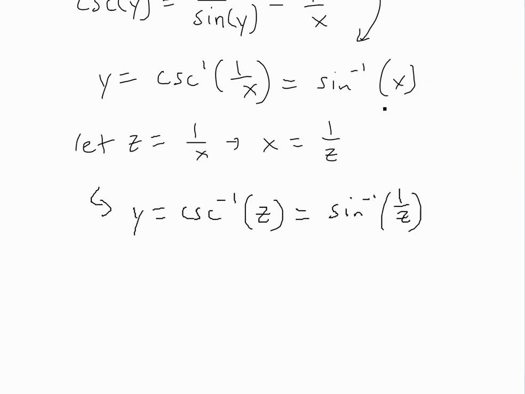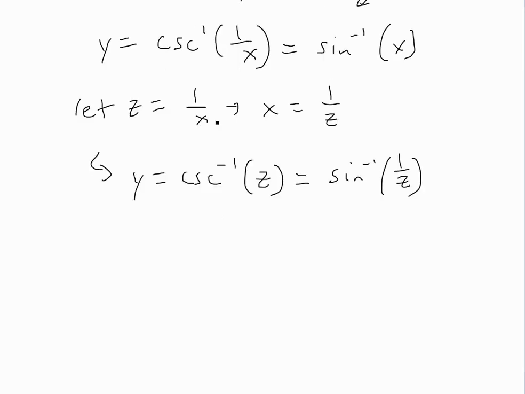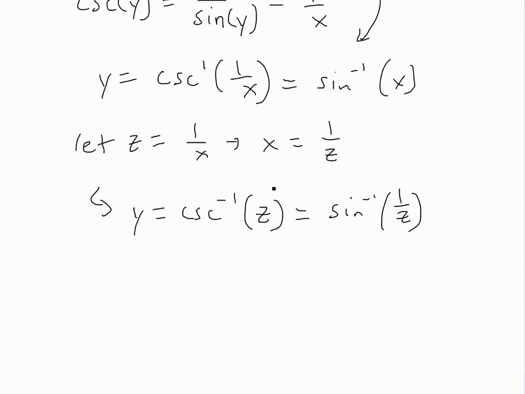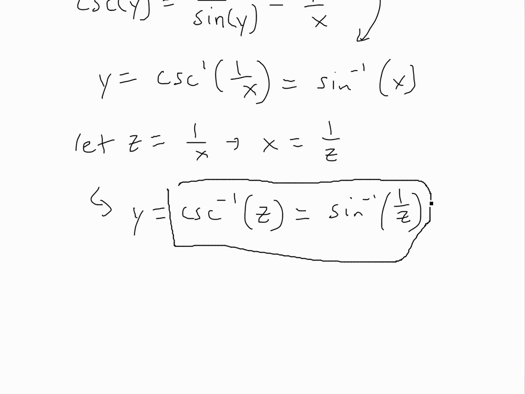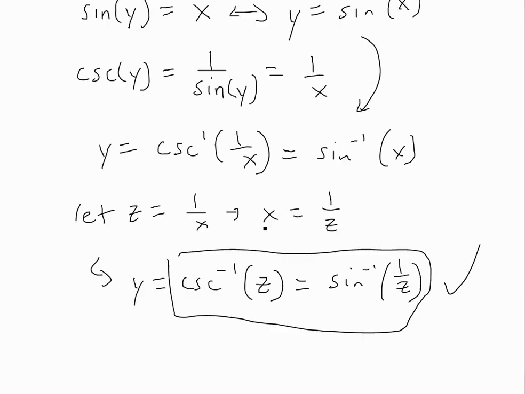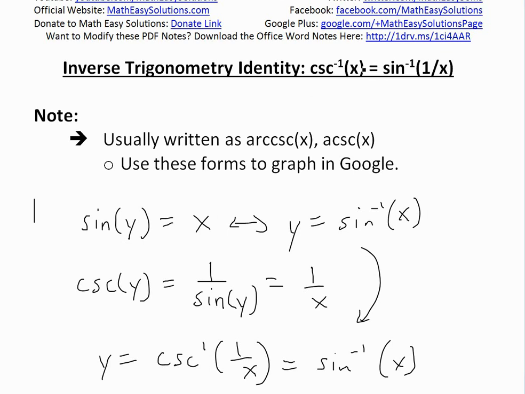We just plug in x is this, and then this one's here. So basically, you could write it in any form. This is our answer, and this is our proof. I'll just put a check mark here, and this z could be any variable, y, x, doesn't matter. So that's the identity, that's the proof for this one.